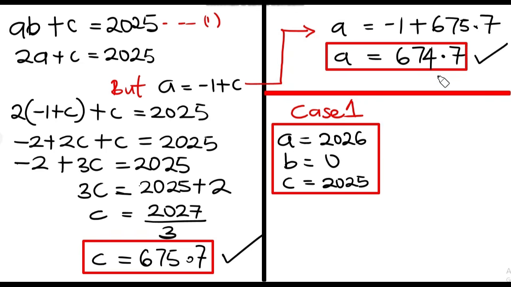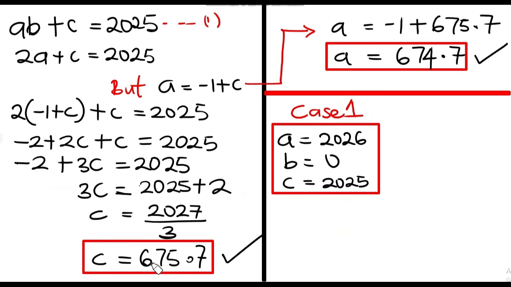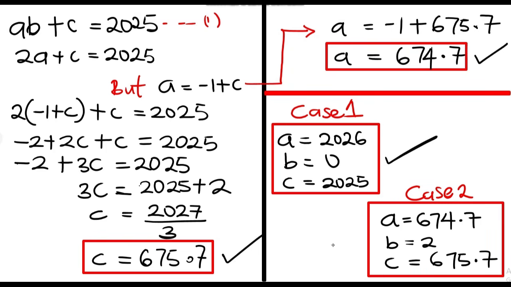Then under case 2, a is equal to 674.7, b is equal to 2, and finally c equals 675.7. That is the final answer to the question.